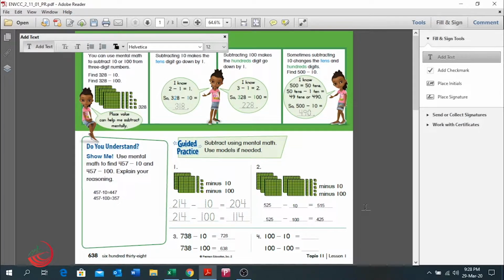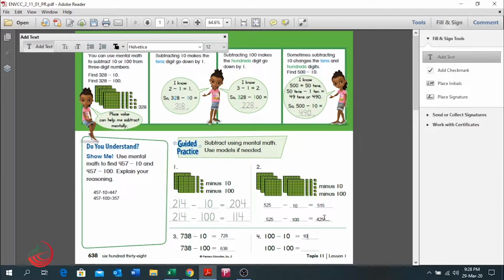Okay, 100 minus 10. How many tens in 100? We have 10 tens. So we can do it like this.